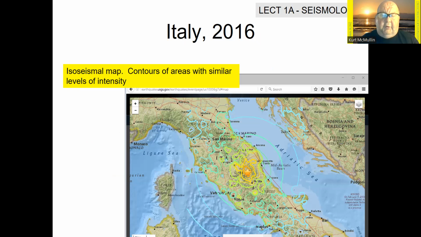After an earthquake, what we often see is what's called an isoseismal map, which literally are contour lines of regions that have the same intensity reading after this earthquake. They tend to all center about the epicenter, but as you get further away, the intensity starts to drop off. What are some of these levels?